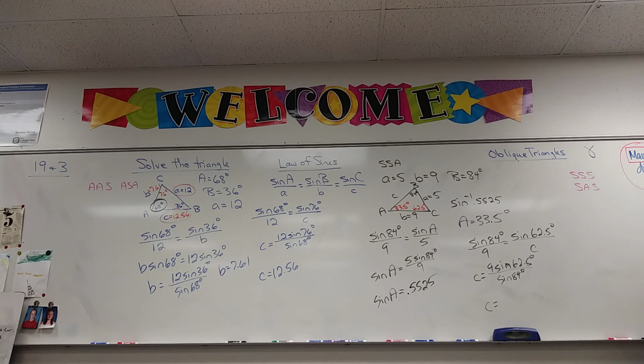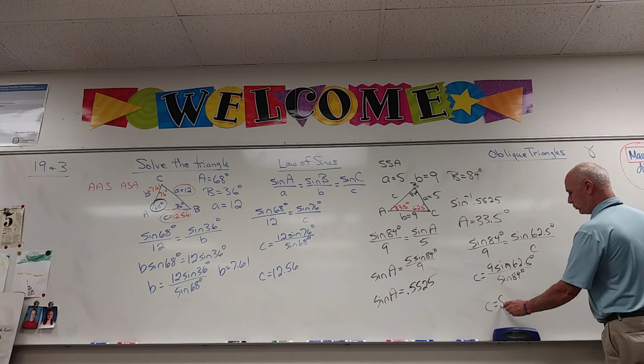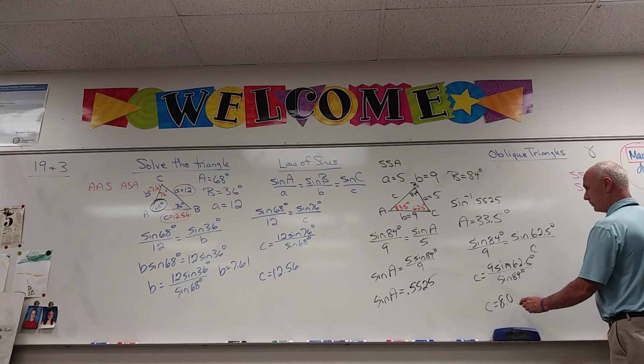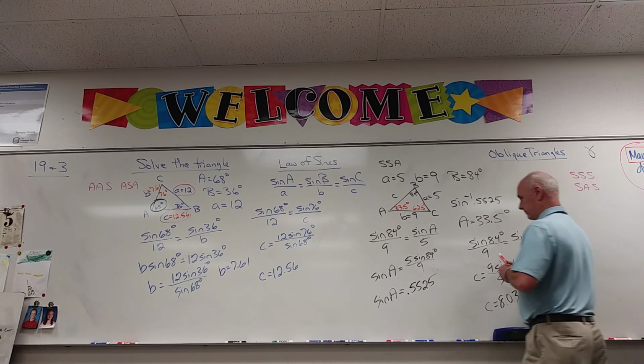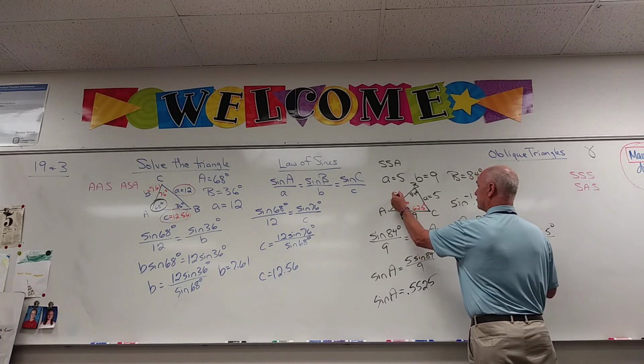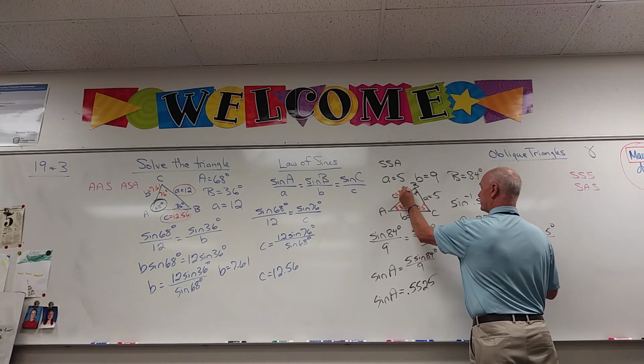That's 7-point-something divided by almost 1, giving 7 point something. 8.03. So C is 8.03.